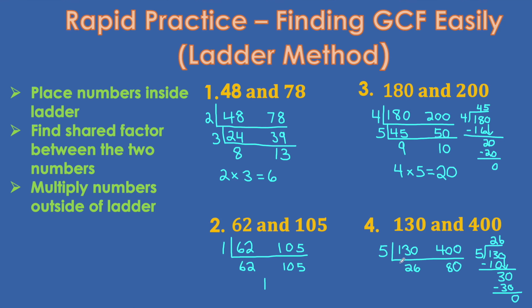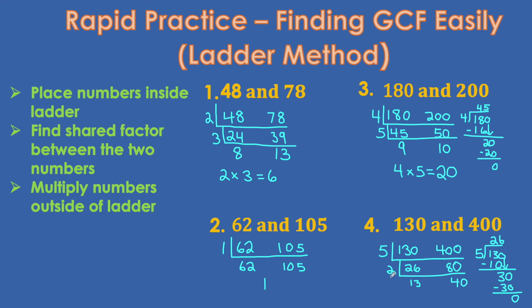And it looks like we have another common factor. Draw a ladder sign, which the common factor is 2. 2 goes into 26 13 times. 2 goes into 80 40 times.